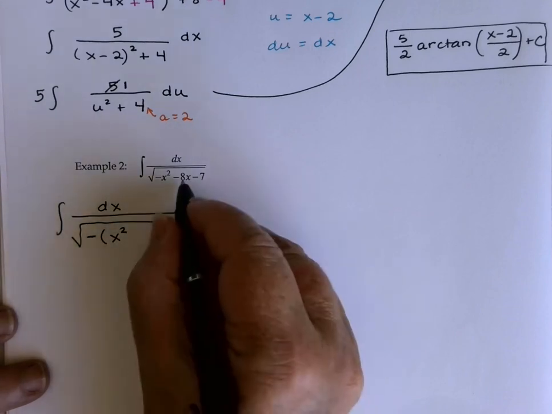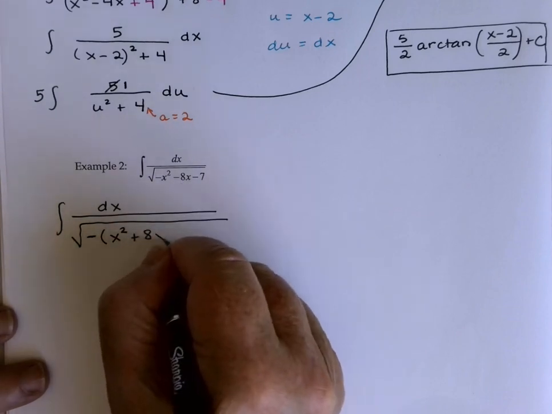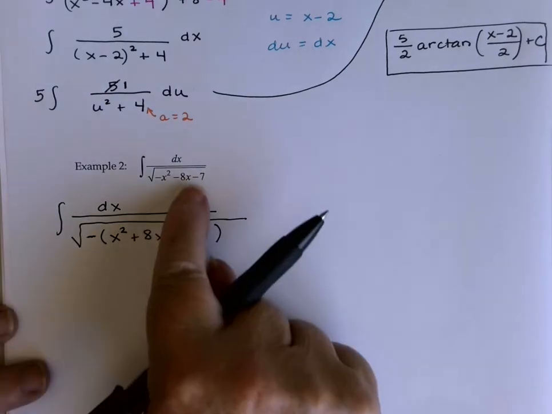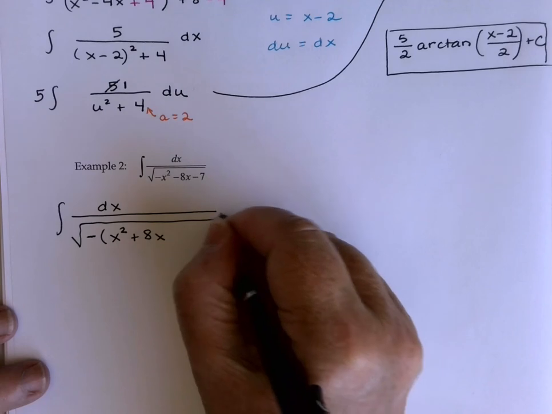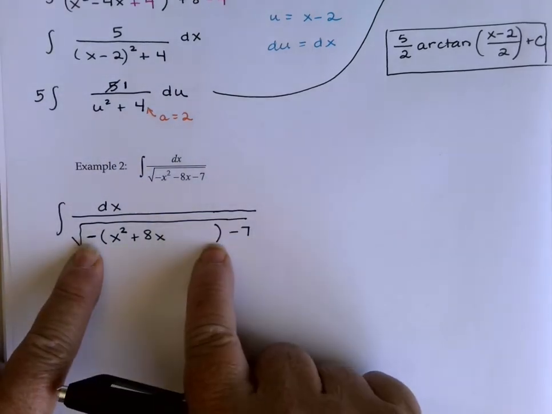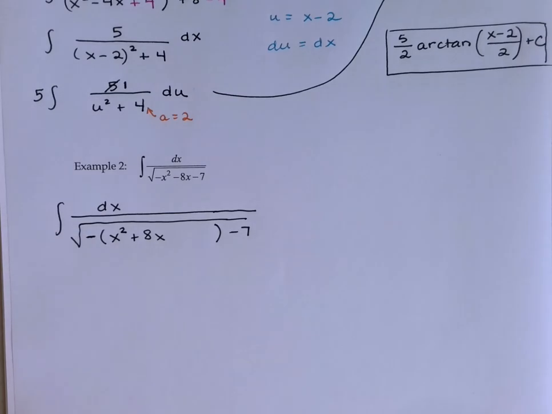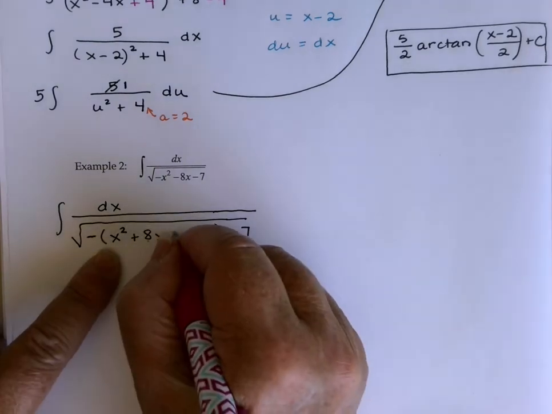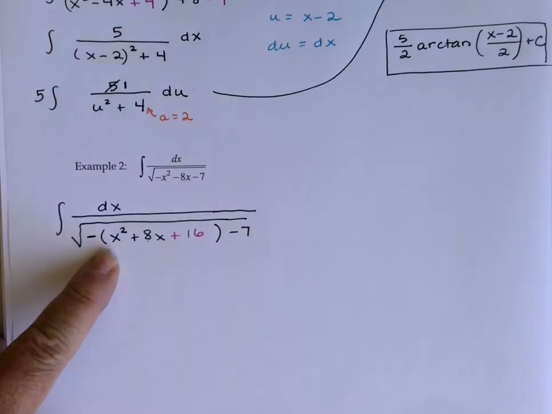That will become x squared plus 8x, and then I'm going to end my parentheses. Then I've got this minus 7. Notice that it is still a minus 7. I didn't factor the negative out of that because it's not inside my parentheses. Inside the parentheses, completing the square, half of 8 would be 4, squared would be 16.